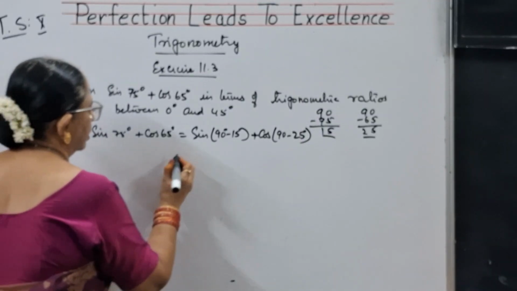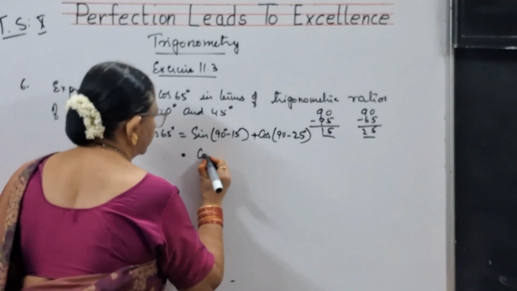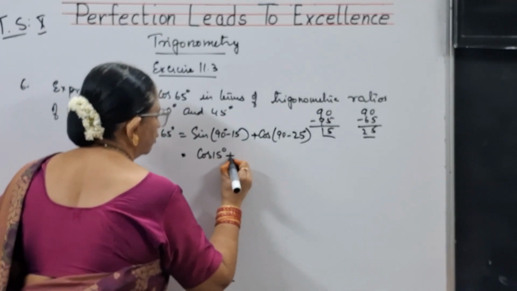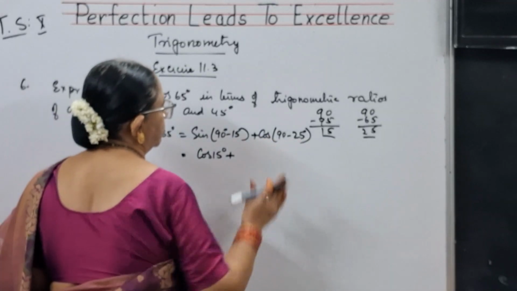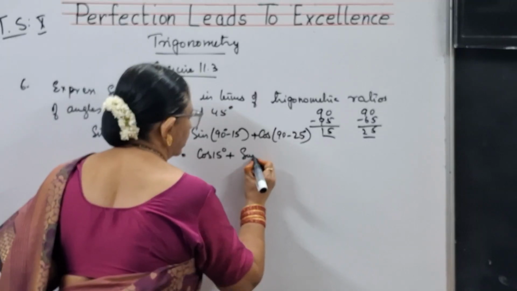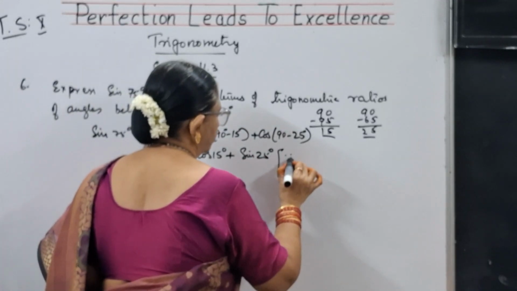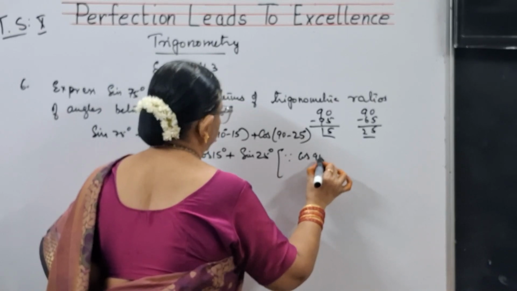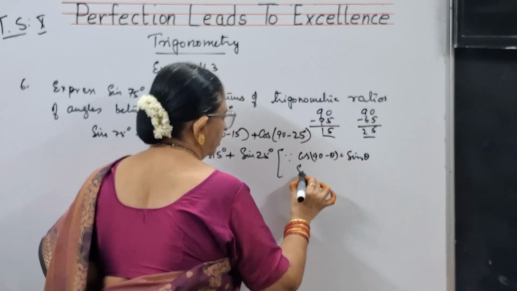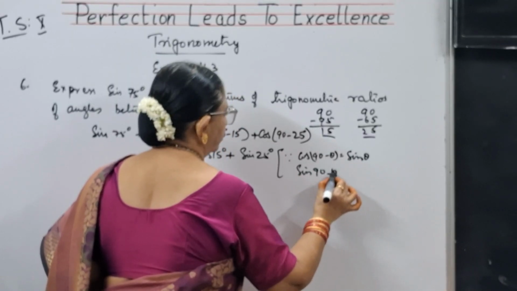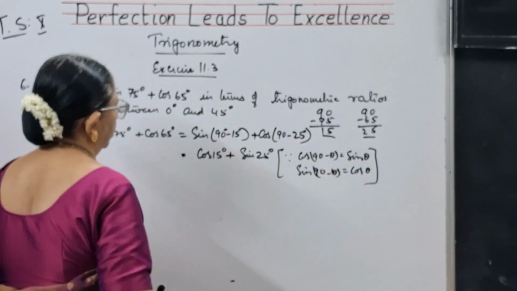So you have converted using sine 90 minus theta is cos theta, so this is cos 15 degrees, plus cos 90 minus theta is sine theta, sine 25 degrees. What is the reason that we are using? Because cos 90 minus theta is equal to sine theta and sine 90 minus theta is equal to cos theta. Basing on this property, we have written it.